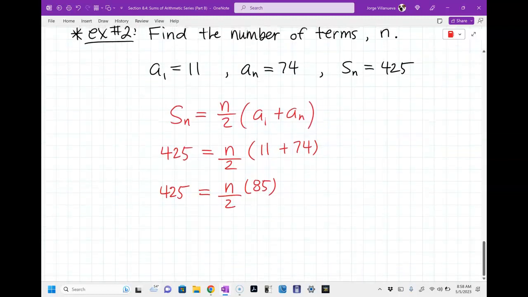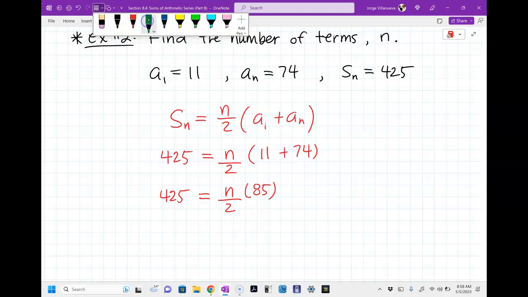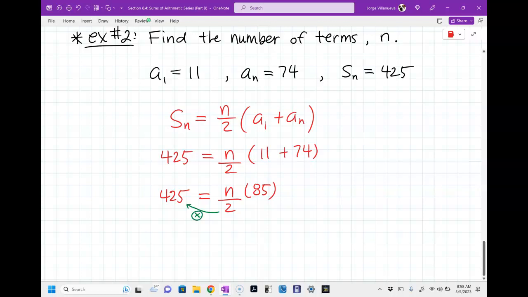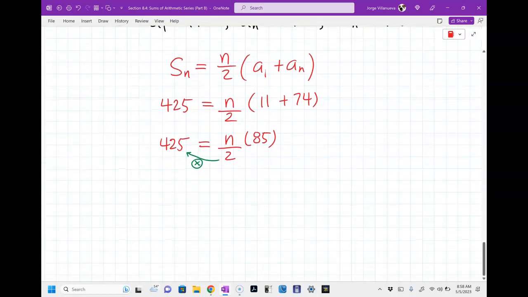Now what I'm going to do next is I would normally want to divide 85 by 2, but I can't. 85 can't be divided by 2. So what I'm going to do is get the 2 and multiply it over. So 425 times 2, that's 850.